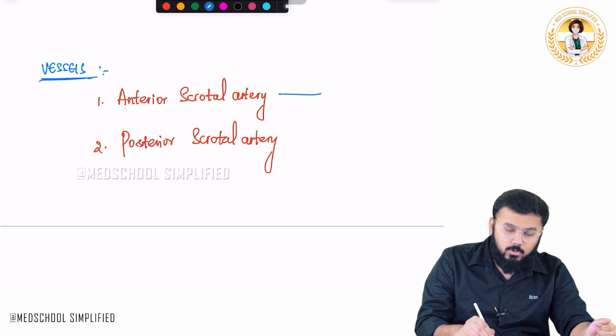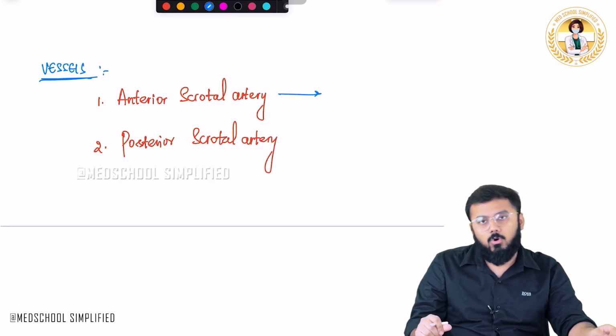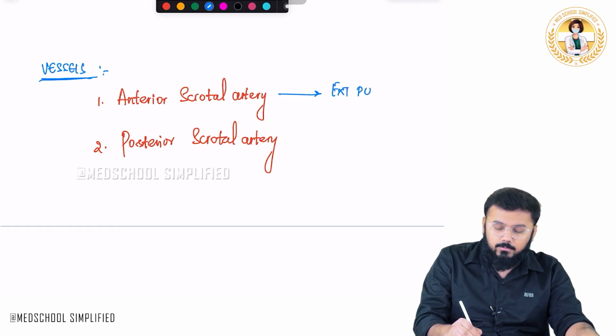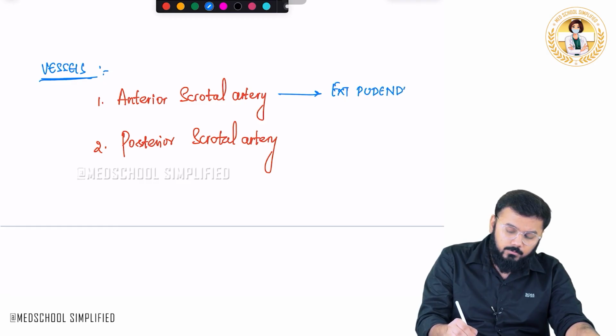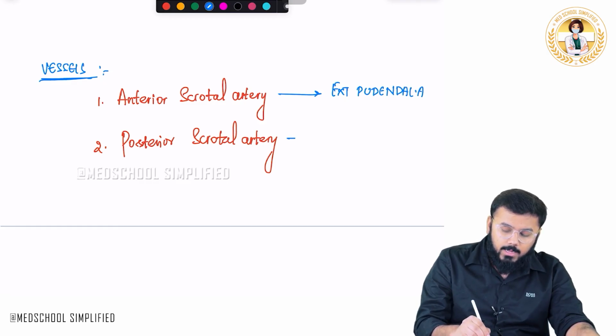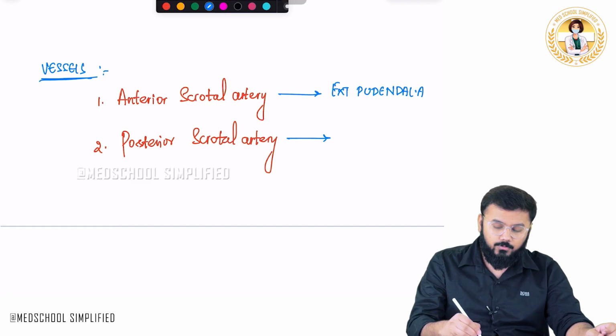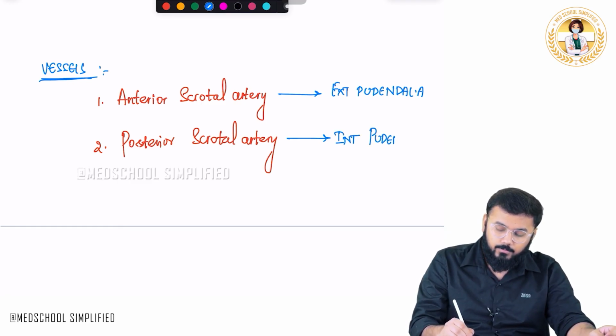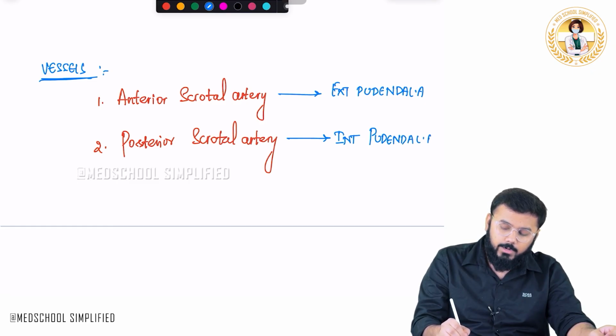Now, the anterior scrotal artery is a branch of what? The external pudendal artery. And the posterior scrotal artery is a branch of what? The internal pudendal artery.